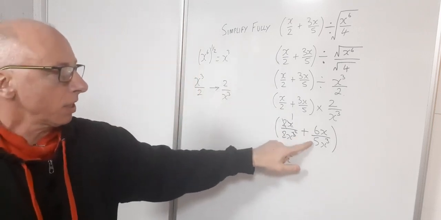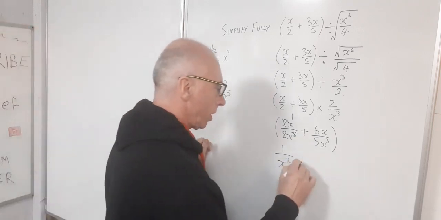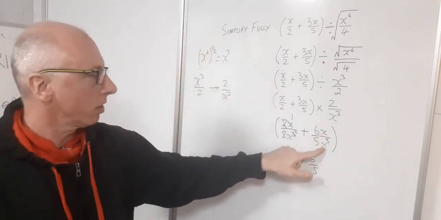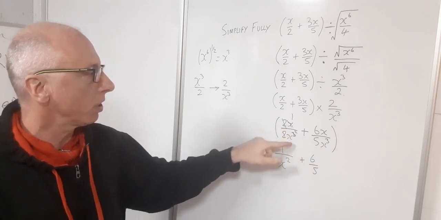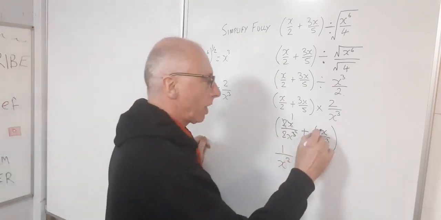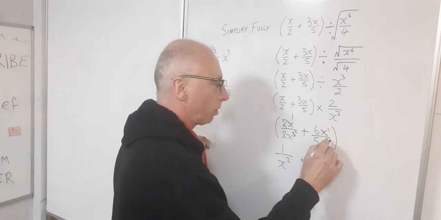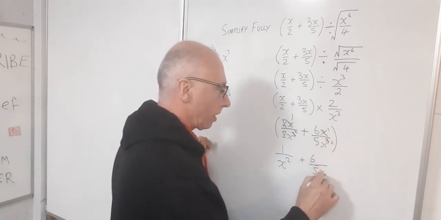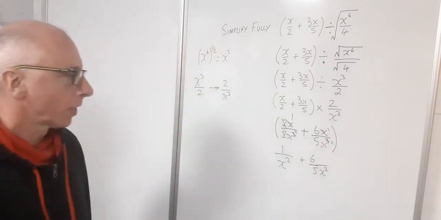Same here now: I've got 6 over 5, my coefficient can stay. And x over x cubed, I've got a similar situation to what I had here. This will cancel out to become 1, and then that will become 2. So 6 over 5x squared.